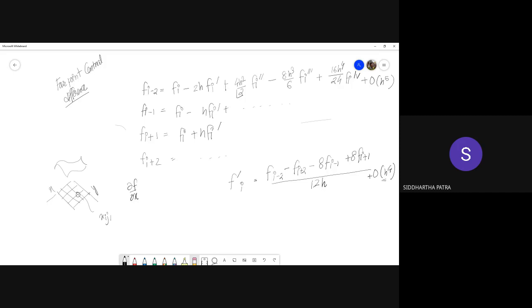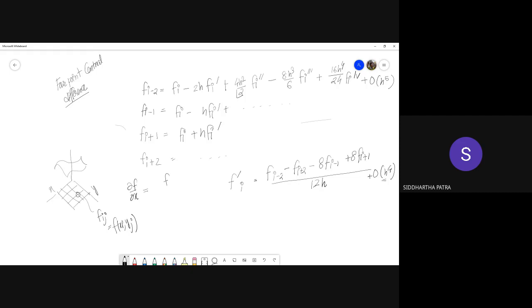Sorry, this is where the function value is Fij, which is essentially f of Xi Yj. Then you can define this quantity using, let's say, the 2-point central difference method.